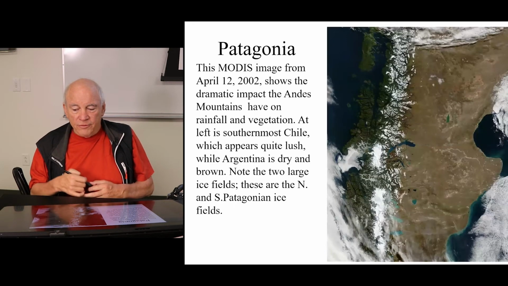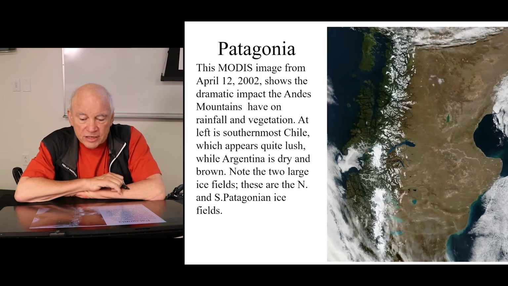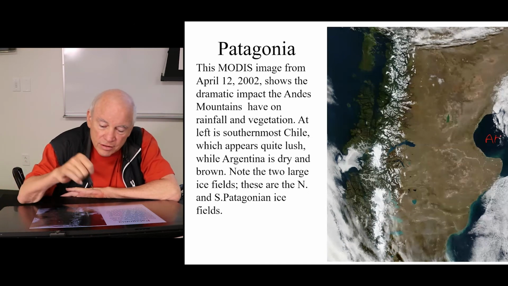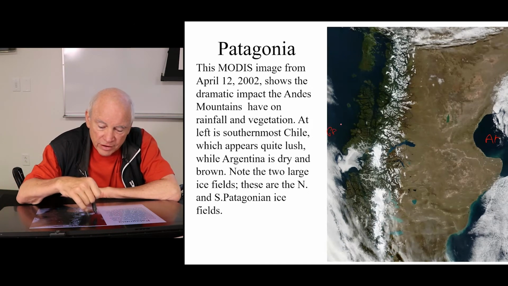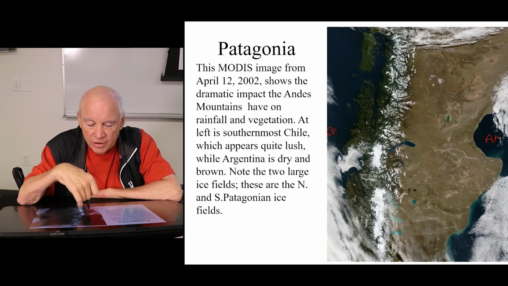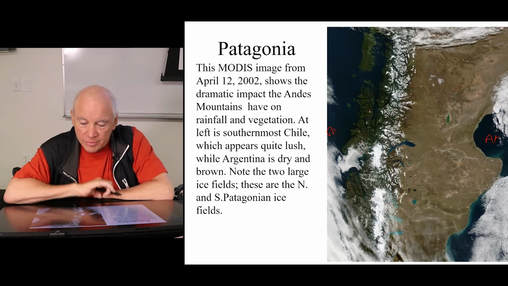All right, so now we can look from space to see what's going on. So here's the Atlantic Ocean over here, and here's the Pacific over here, kind of hidden. And you can see this is a very green part of Chile. This is the temperate rainforest that we talked about.